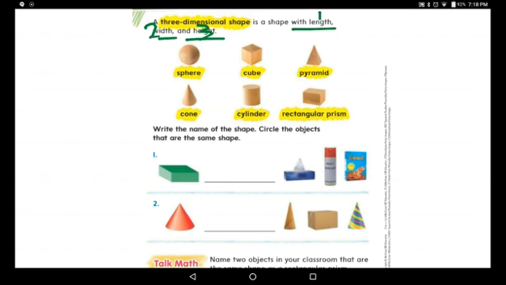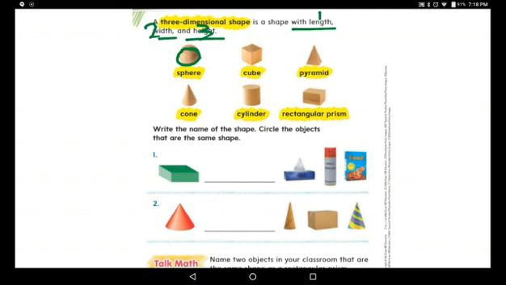That's why we call it sphere. So the sphere has no sides, no faces, no edges, no corners. It has only a curved surface.